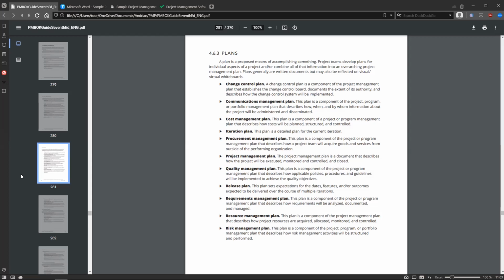Iteration plan is relevant when the project is being executed in iterations, such as an agile approach, for instance. A procurement management plan is also relevant when you need to procure certain goods, certain materials for the project.